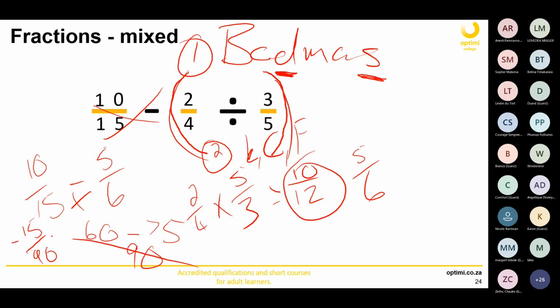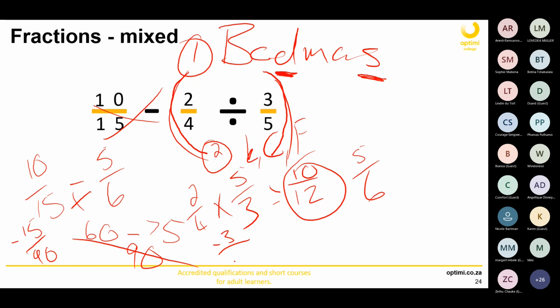Simplified, divide both by 5, minus 3 over 90 divided by 5. You cannot divide it by 15. You get 1. 15 goes into 90. Okay.